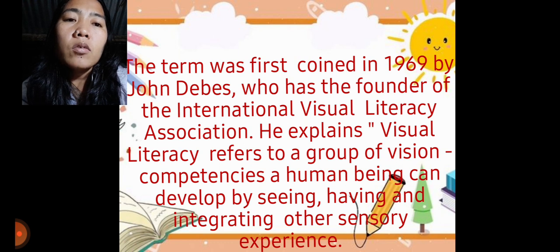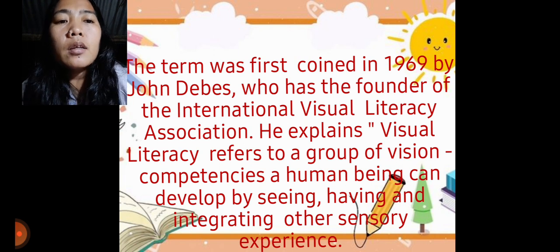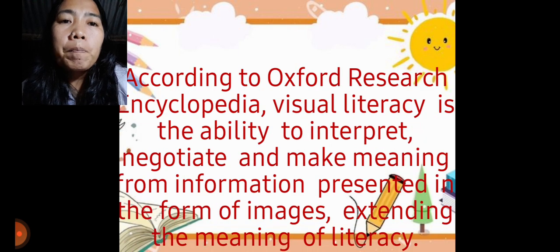Visual Literacy Association. He explains, visual literacy refers to a group of vision competencies a human being can develop by seeing, having, and integrating other sensory experiences. So, the human being can develop through seeing and integrating other sensory experiences, according to John Davis.